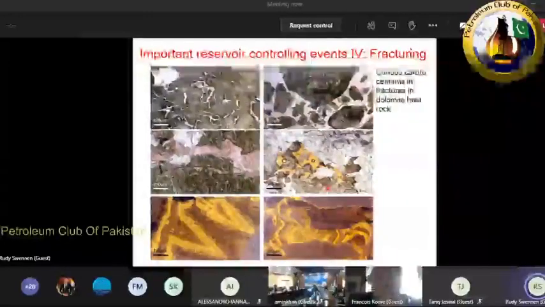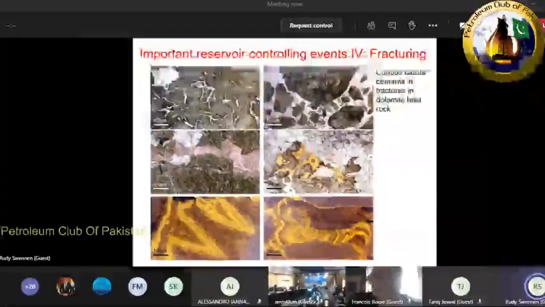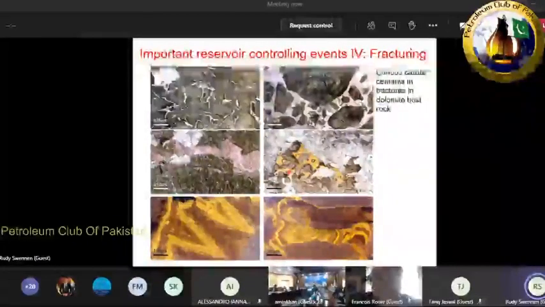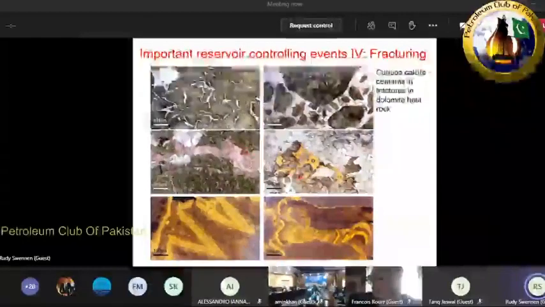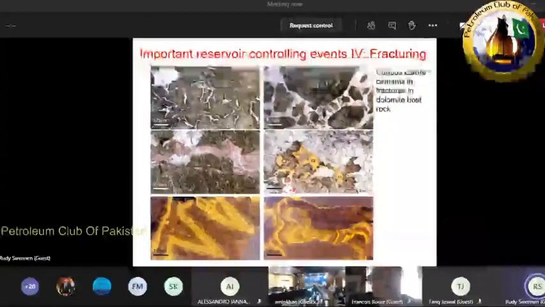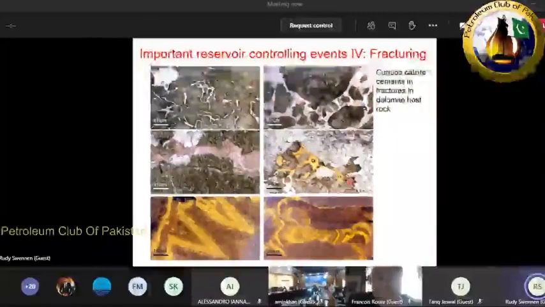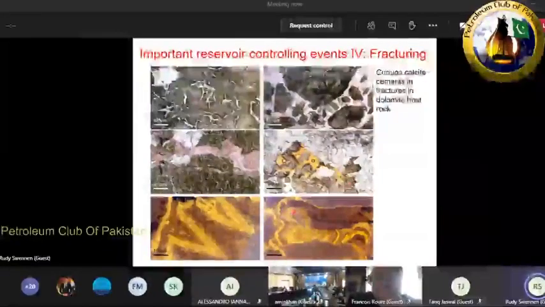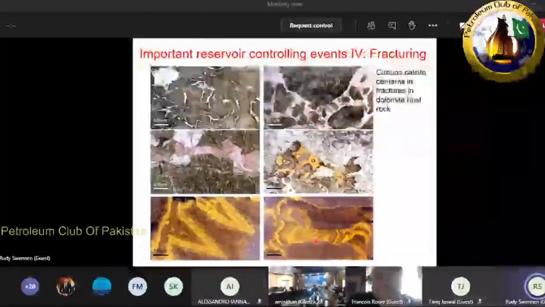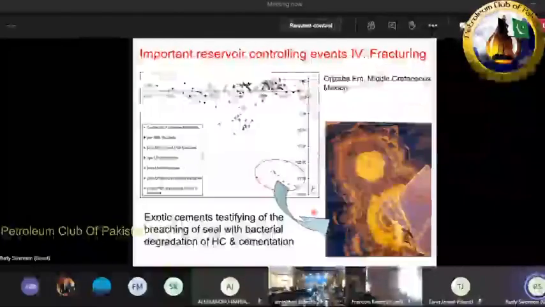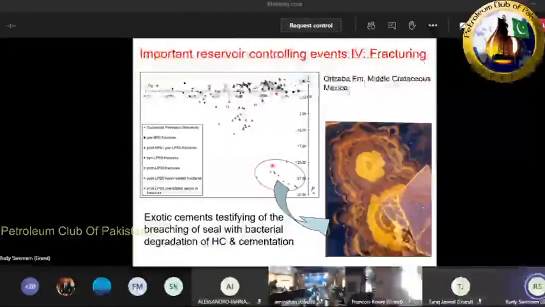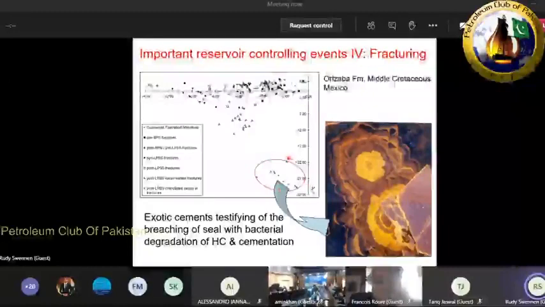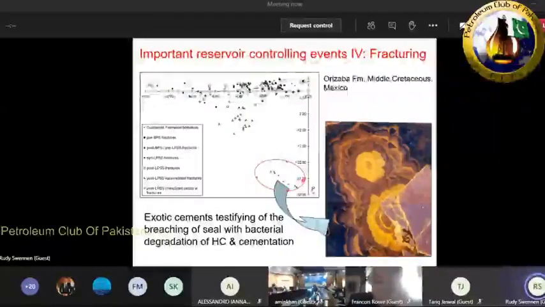So especially here in the middle part, you can see that you have a kind of zoned crystals. Also here, some crystals which have some curious centers, also under cathodoluminescence. You see that they're a little bit exotic. And in this case, by looking at the isotopes, we could prove that bacteria were involved, and bacteria which were interacting with some hydrocarbons.